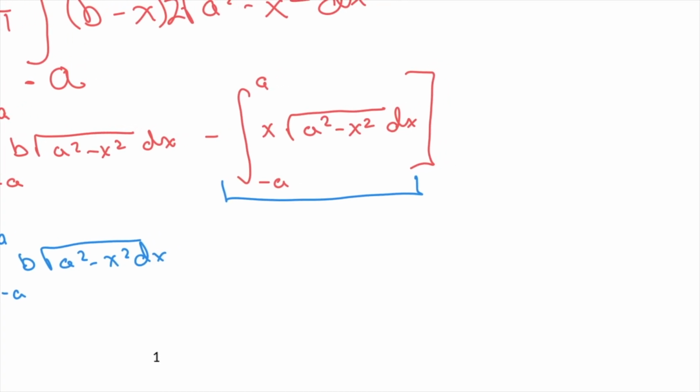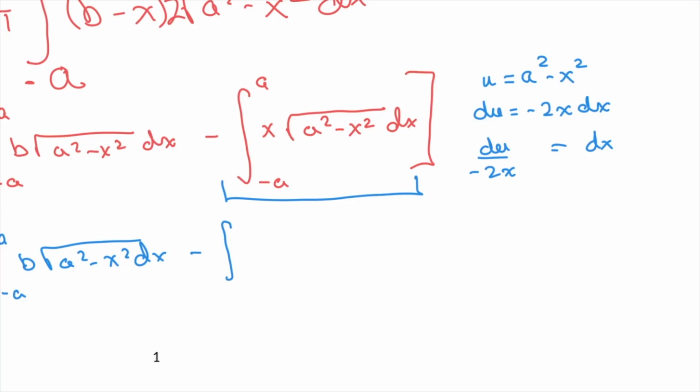In order to integrate this part of the problem, we're going to let u equal a squared minus x squared. So your du is negative 2x dx. When we substitute, dx is going to be du over negative 2x. And what we now have is the integral. I'll deal with my endpoints in just a moment.